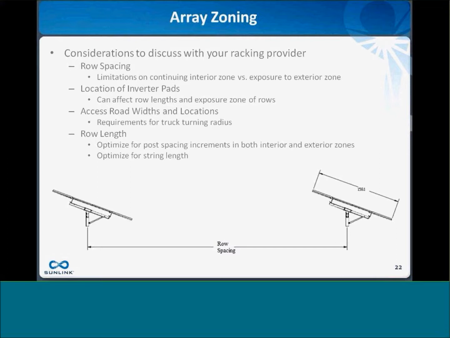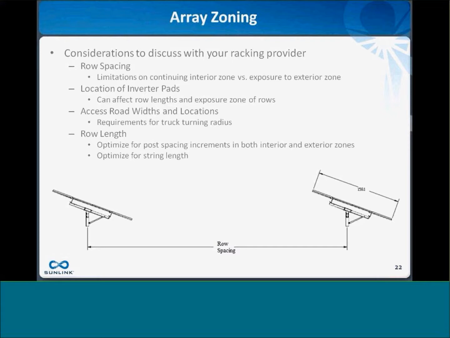For instance, if you have a fire road, your exposure on the rows that are adjacent to a fire road might be so much so that you're back to an exterior zone.